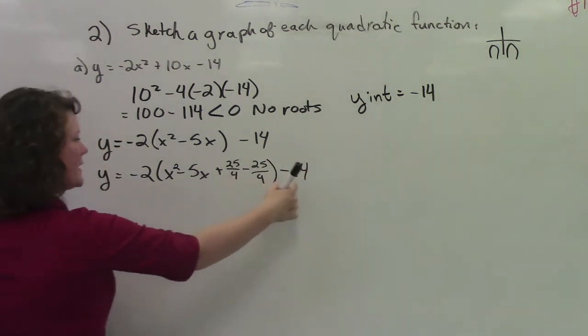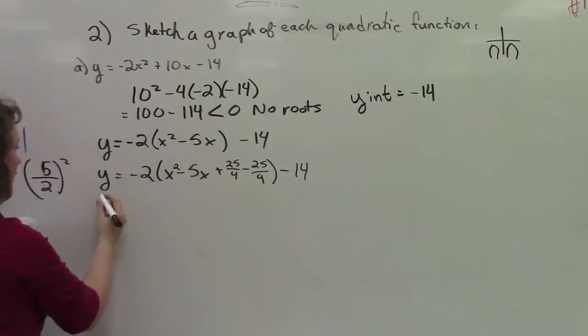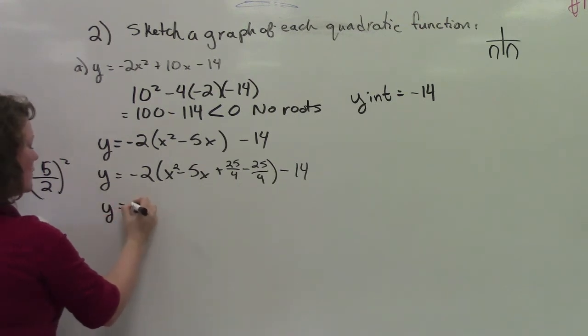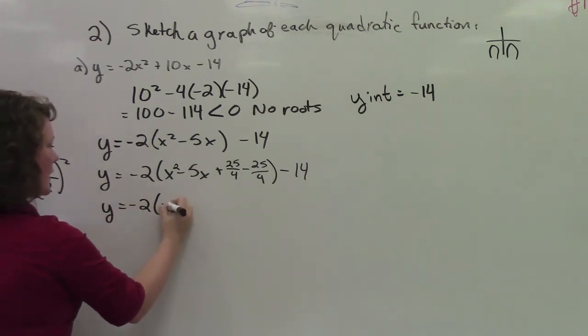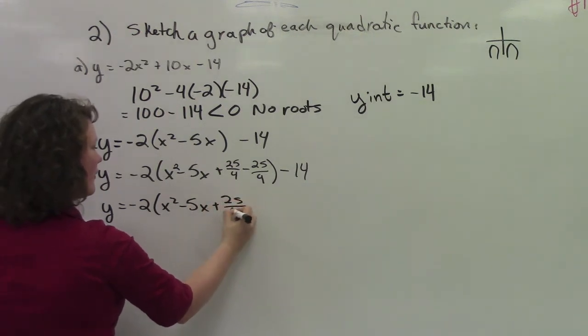We want to take this negative 25 over 4 out, so what we need to do is multiply negative 2 times negative 25 over 4. Y equals negative 2, x squared minus 5x plus 25 over 4.